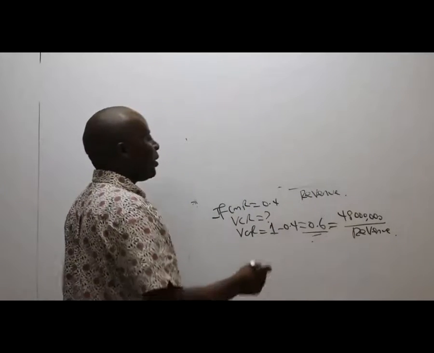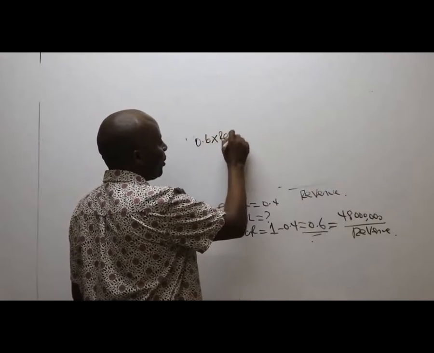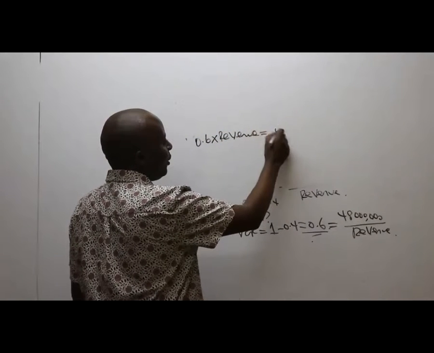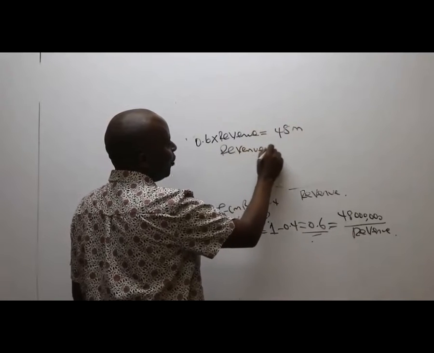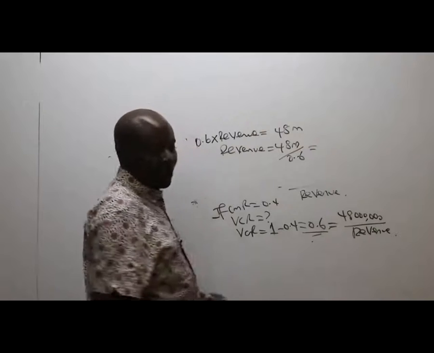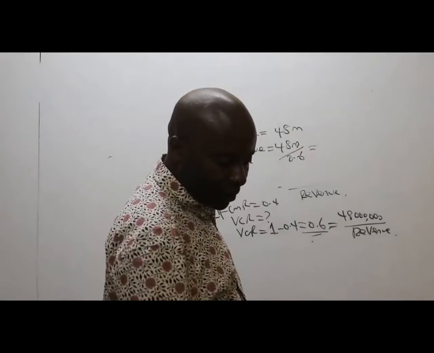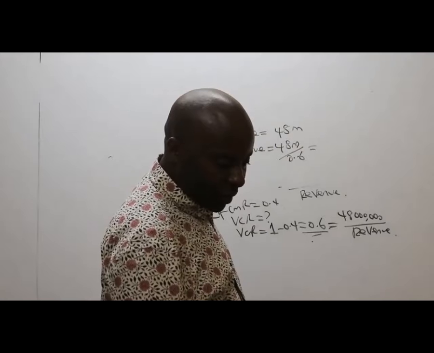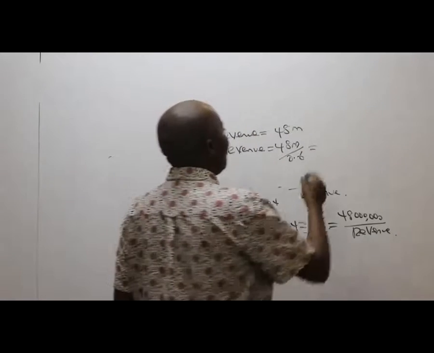So in this case, we have 0.6 revenue equals 48 million. So revenue will be 48 million divided by 0.6, which gives us 80 million.